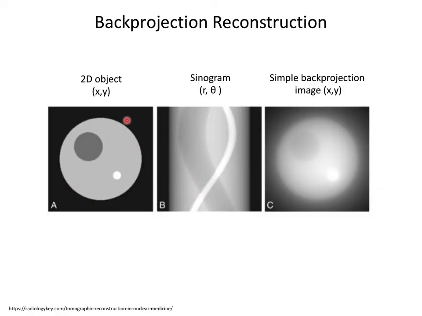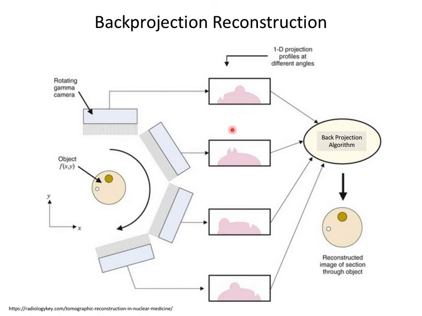So for a 2D object, remember these diagrams here? These are the projections themselves. For this object, I get fewer counts over here, and more counts here, I get a larger signal.